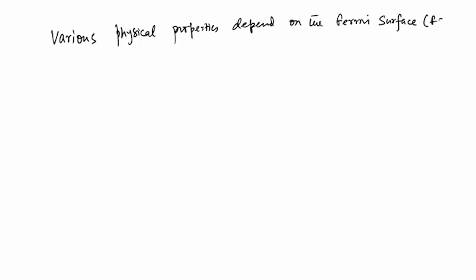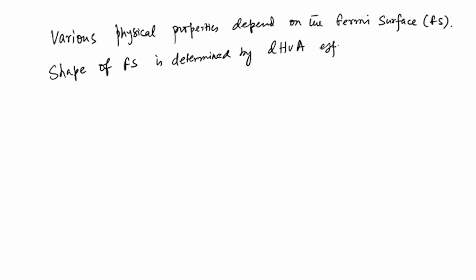And we will call it Fs in short if it comes, and so the shape of Fs is determined by, we use another abbreviation, the DHVA effect, which is the de Haas-van Alphen effect.